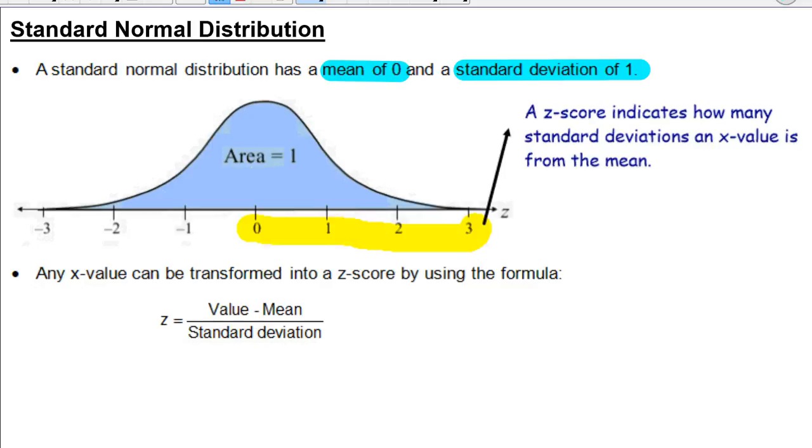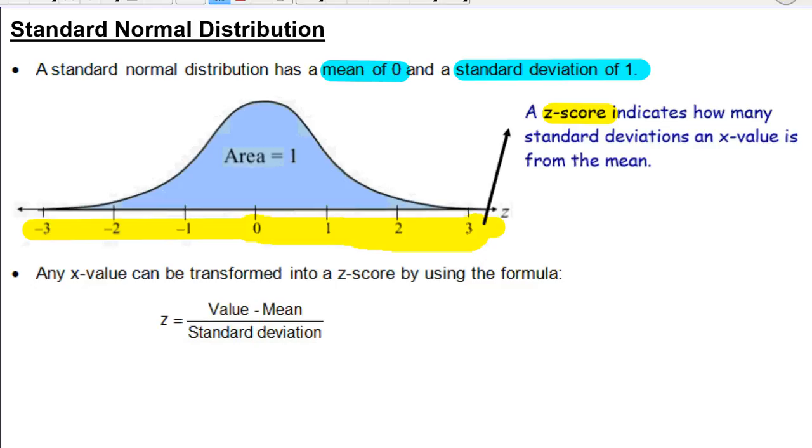So basically what you have is a curve like this one here, and these values that you see highlighted here are called z-scores, and they indicate how many standard deviations an x value is from the mean.